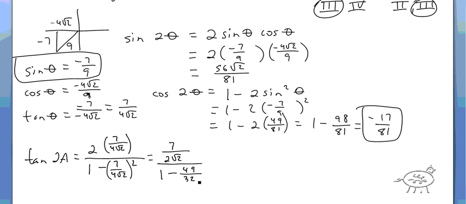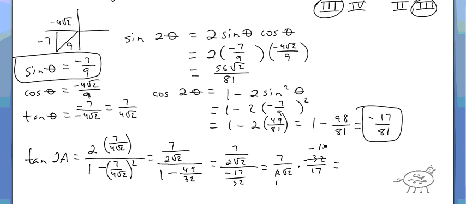Okay, that looks a little nasty, but first of all, let's combine the bottom here. It's a little math here. 1 minus 49 over 32 is going to be negative 17 over 32. So that's 7 over 2 root 2 times negative 32 over 17. And that cancels the 1 and negative 16.